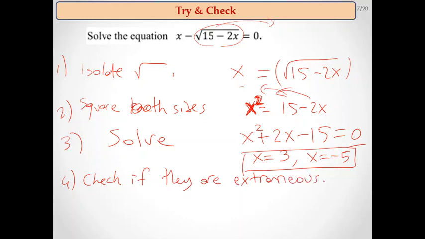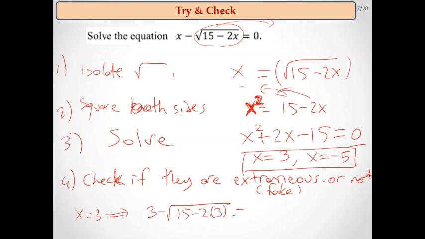Extraneous means fake. Check it now. Put them in the equation, like x equal to 3: 3 minus square root of 15 minus 2 times 3. So let's check it. Is it equal to 0?